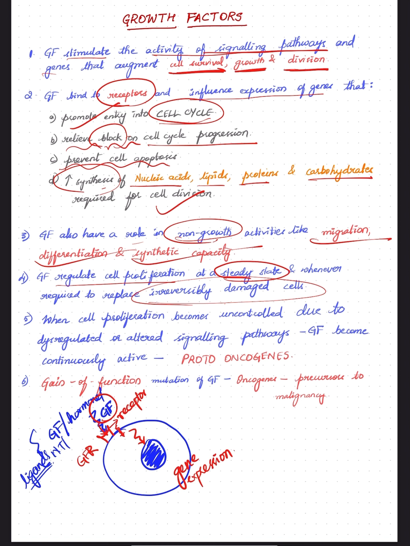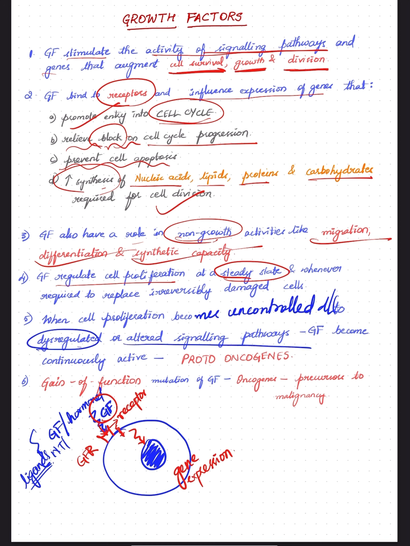So when cell proliferation becomes uncontrolled, due to dysregulated or altered signaling pathways, the growth factors become continuously active. So the growth factors can also act as proto-oncogenes. That means they favor carcinogenesis or tumor formation.